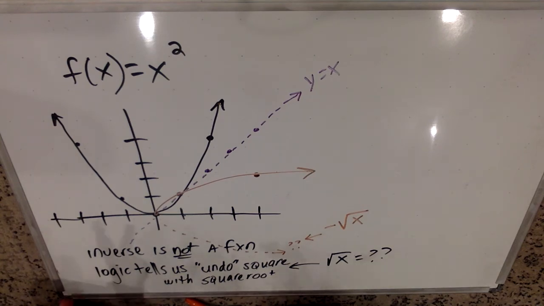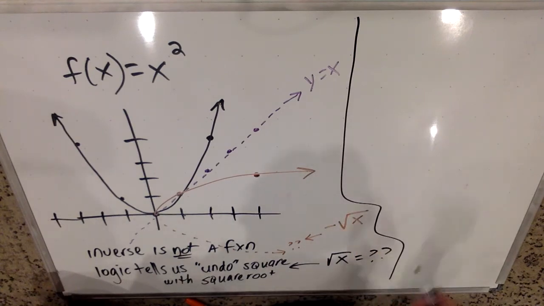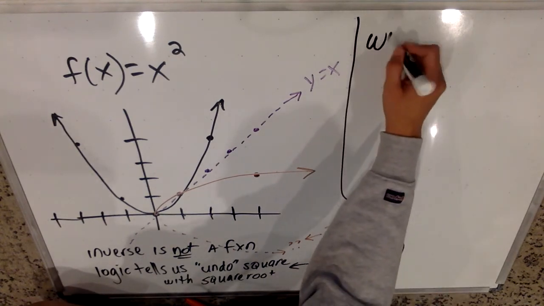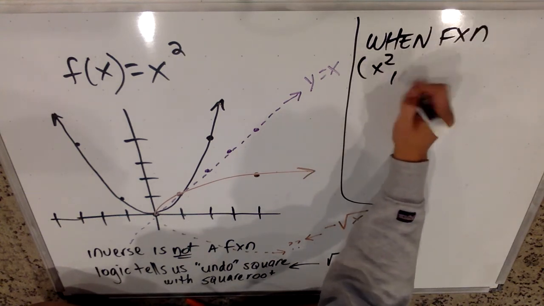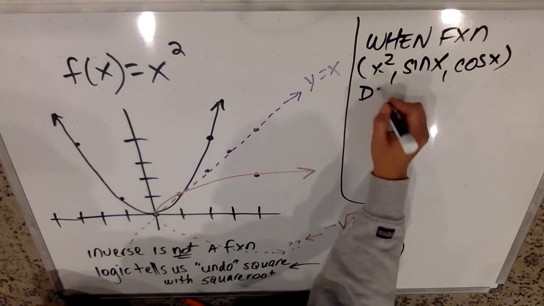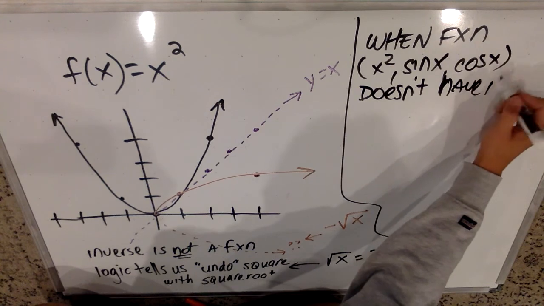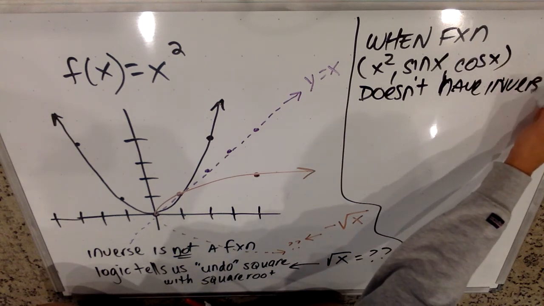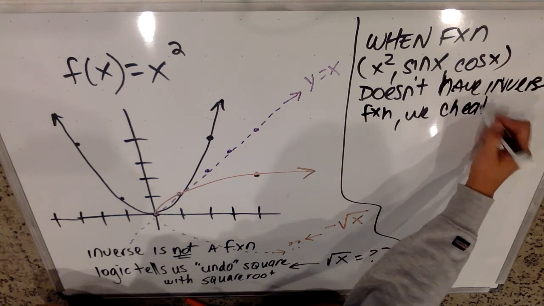When functions don't have an inverse naturally, what we do is give them a domain restriction. So when a function like x squared, or sine of x or cosine of x when we get to trig functions, doesn't have an inverse function, we cheat and give it a domain restriction.